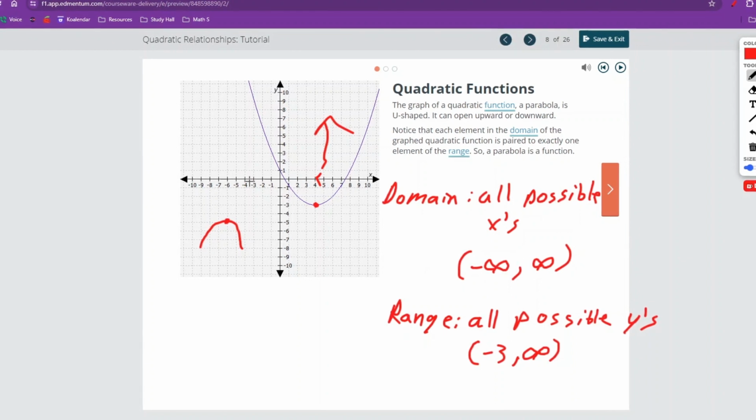The range will be dependent on where the peak or where the valley is of the parabola. And of course, once you get into more advanced parabolas, that gets changed on its head, but you will learn to adjust to these types of situations later on in your math career.